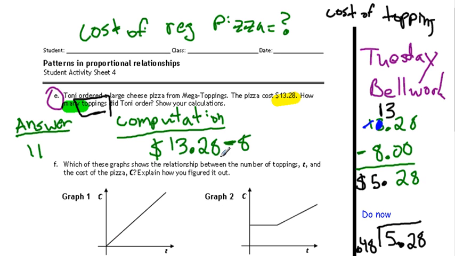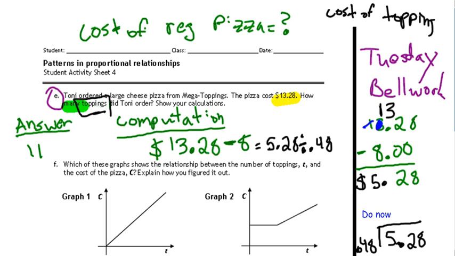So $13.28 minus $8, and then I want you to show the division. So it's going to be $5.28 divided by 48 cents.